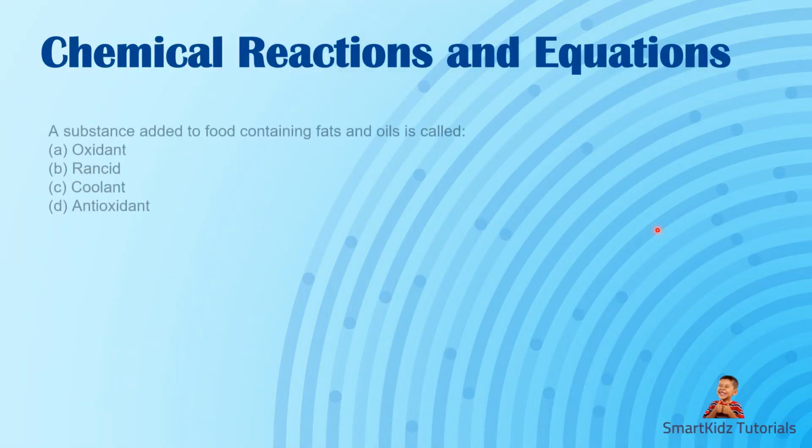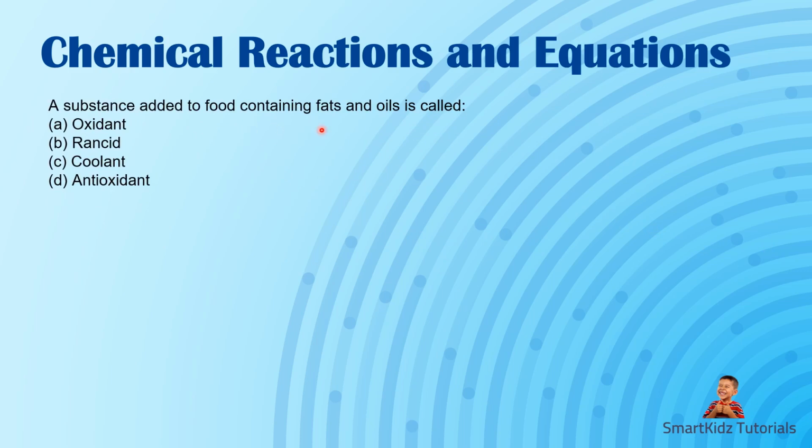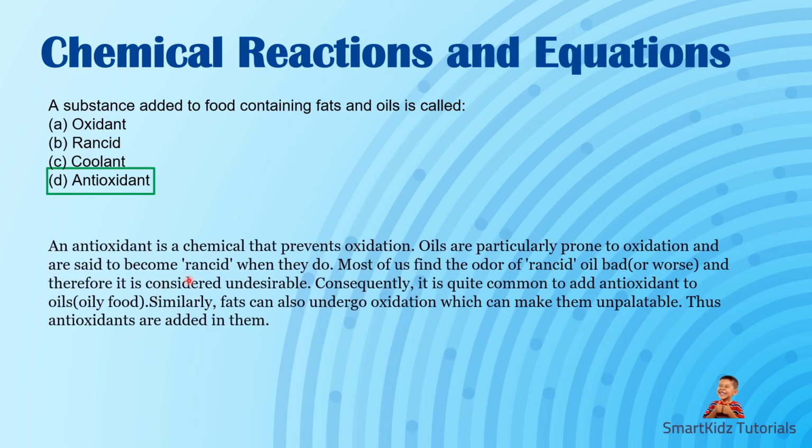Next question. A substance added to food containing fats and oils, usually to prevent rancidity, is called an antioxidant. So D should be the correct choice. An antioxidant is a chemical that prevents oxidation. Oils are particularly prone to oxidation and are said to become rancid when they do.